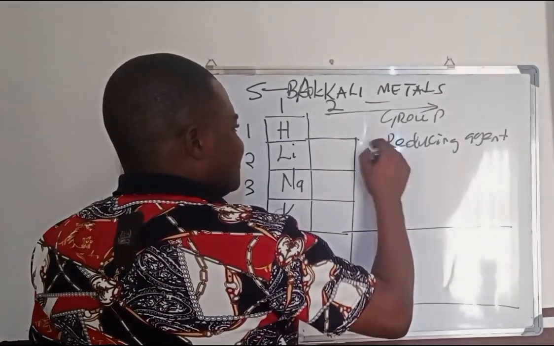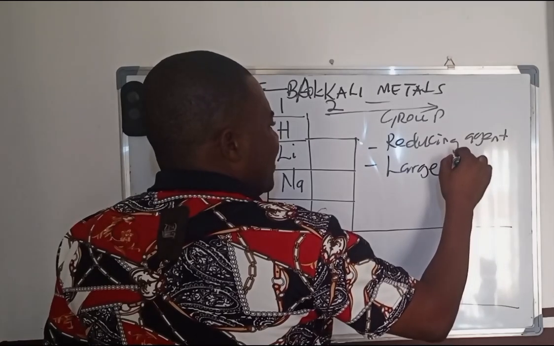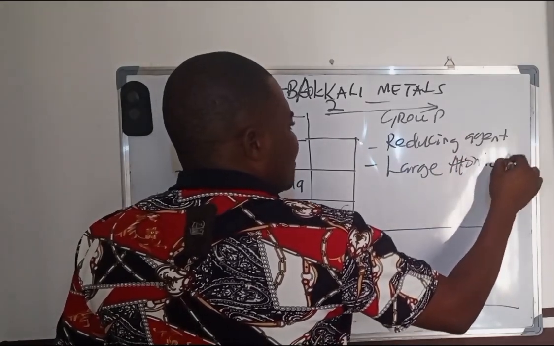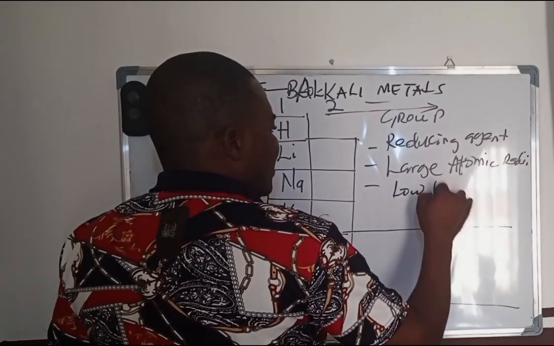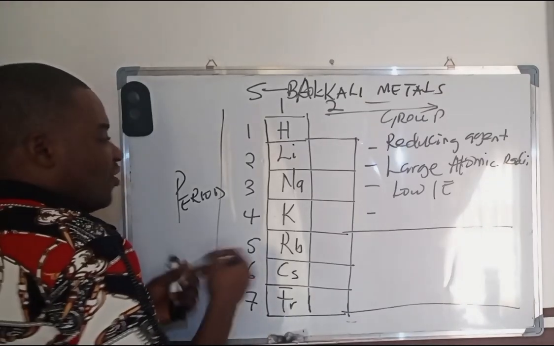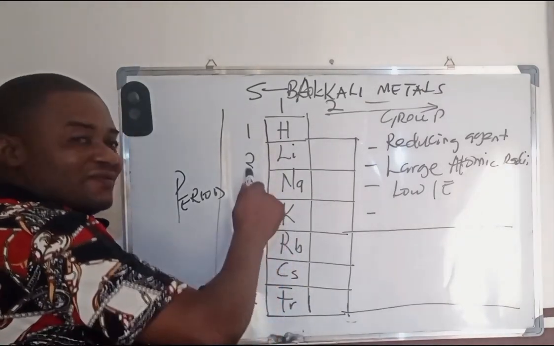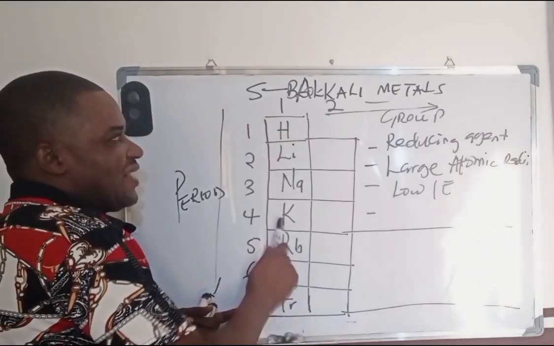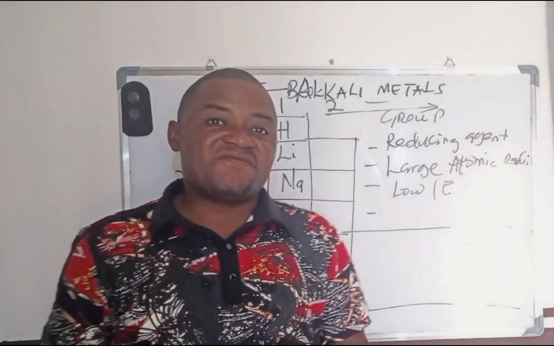So you see that they have large atomic radii. They have low ionization energy. Okay, you can see that. Now, because of the large atomic radii and the low ionization energy, these particular alkali metals are always very reactive.